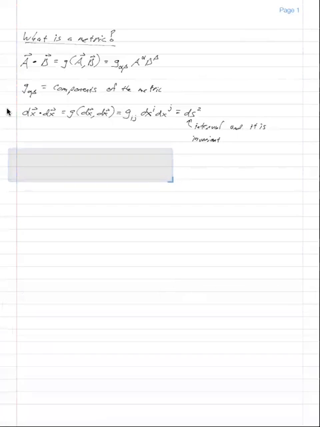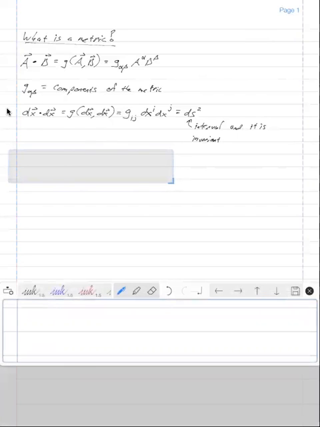But for now, let's just stick to your intuition, and let's just consider dx to be a vector within space alone. Okay. Now we see that ds squared is equal to G_ij dx^i dx^j.